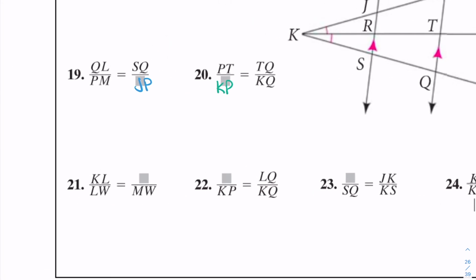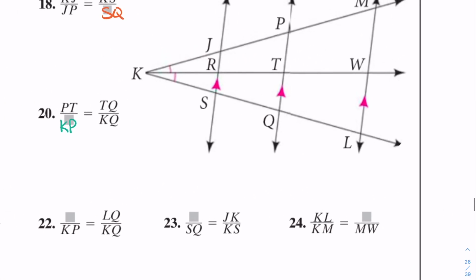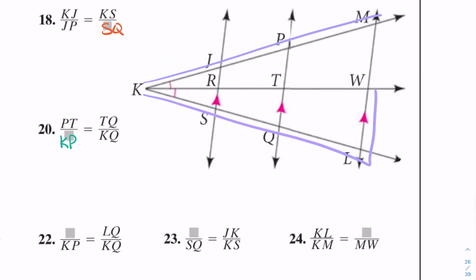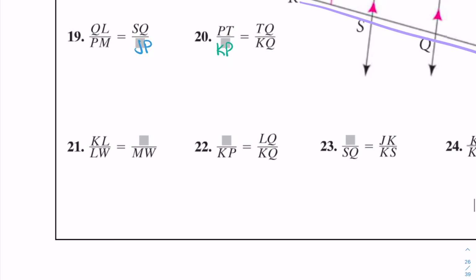All right, this one, KL, LW. We have KL, LW, and it would have to be something and MW, which would be KM.